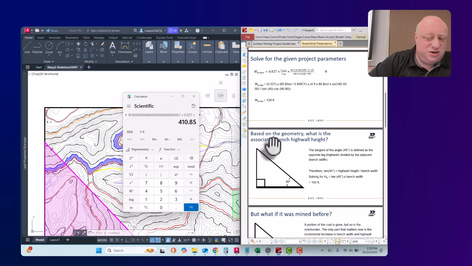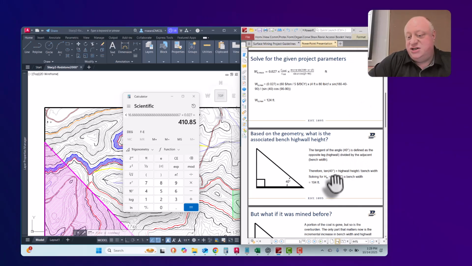What's the associated high wall height? And that's just h tangent of the slope, right? Or h is equal to the tangent of the slope multiplied by the bench width.